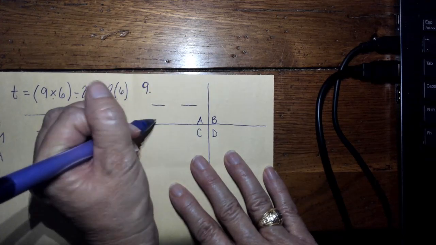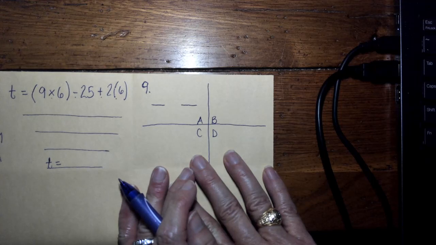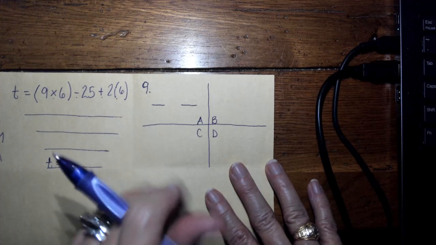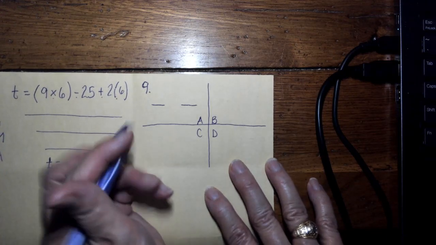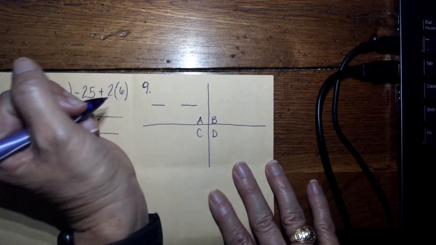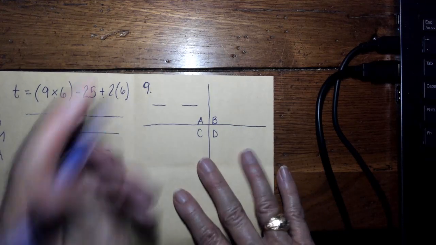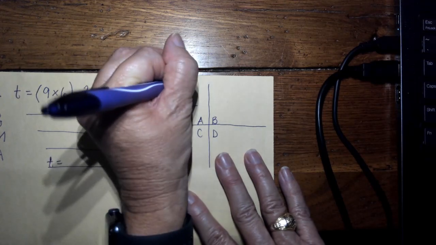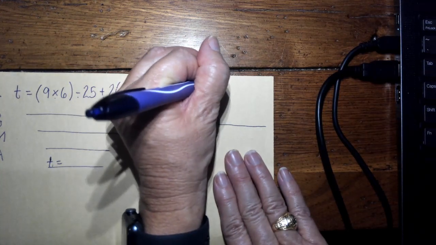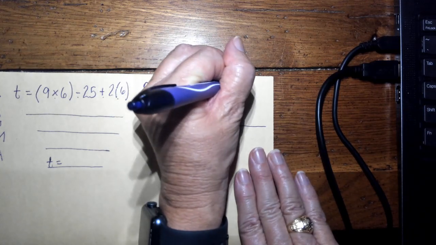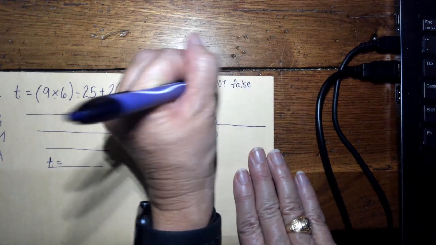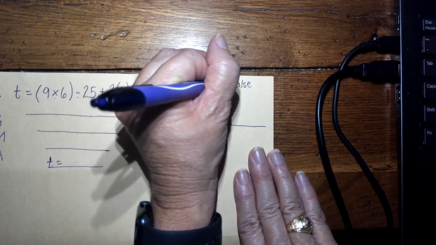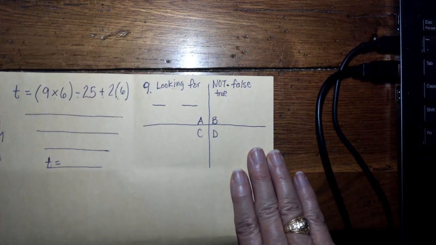You're going to line up those decimals, and then you'll be able to decide if this is true or false. So you'll be looking for an answer that is not true for number 9. You'll be looking for not true. I wrote not false. We're going to be looking for not true. That means a false answer.